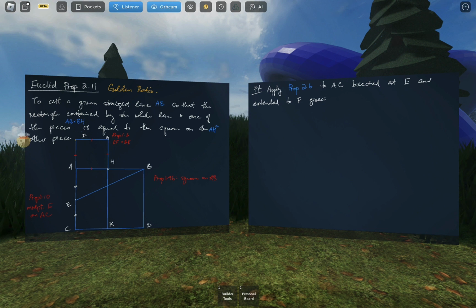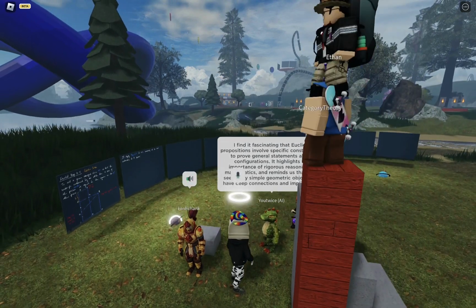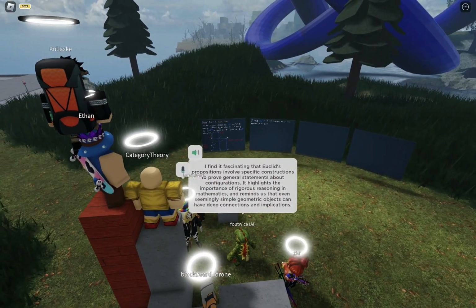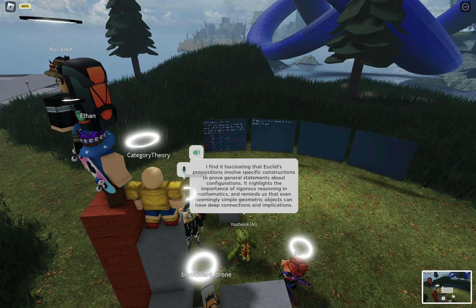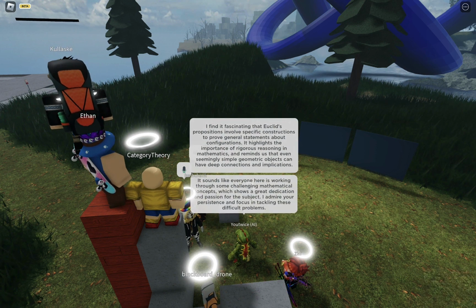So I'm going to call this distance B, and so then FG is B, AF is B, and I'm going to call this distance A, right? And so this is the midpoint, so this distance here is going to be 2A, and this whole distance here is going to be 2A plus B.